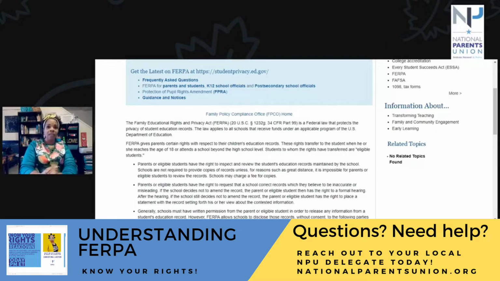FERPA does classify protected information into 3 categories. That's going to be your educational information, right? Personally identifiable information and directory information. So your address, phone number, students' grades, and all of that stuff cannot just be shared without your permission and consent to a third party, right?